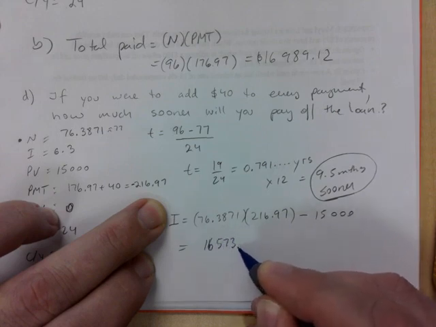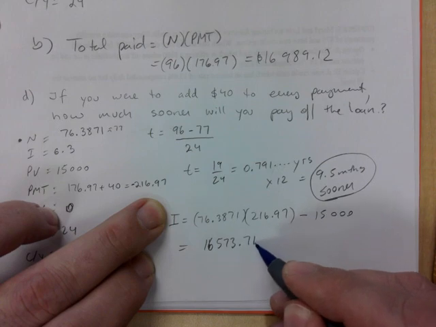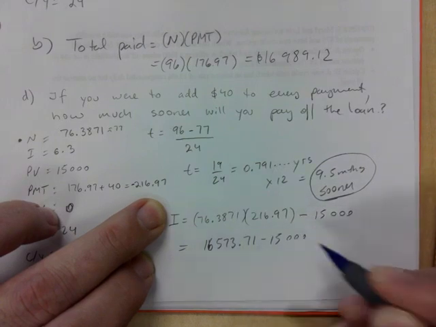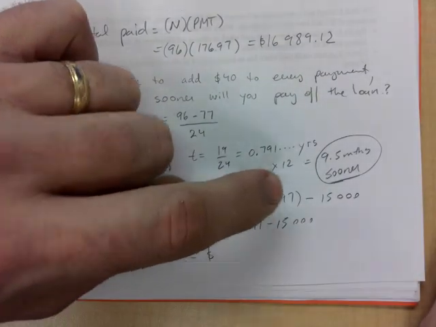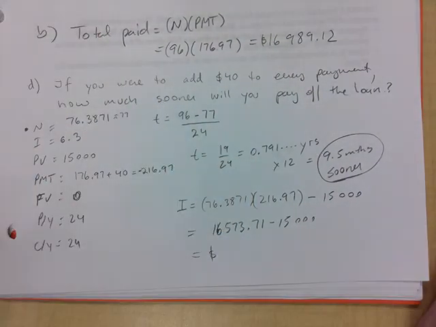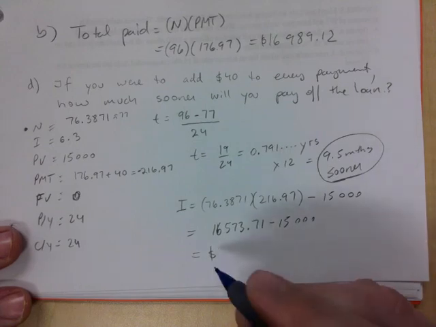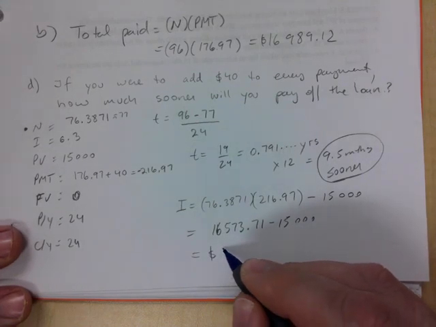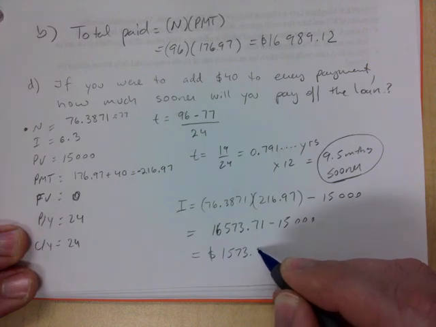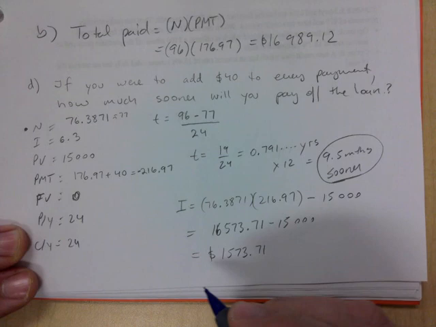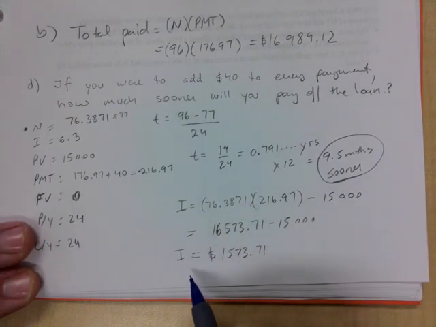Since it's going to take you less time, you should expect there to be less interest paid, even though your payment itself is larger, because you're paying it off sooner. So this would be 1,573.71 is the interest paid, right?